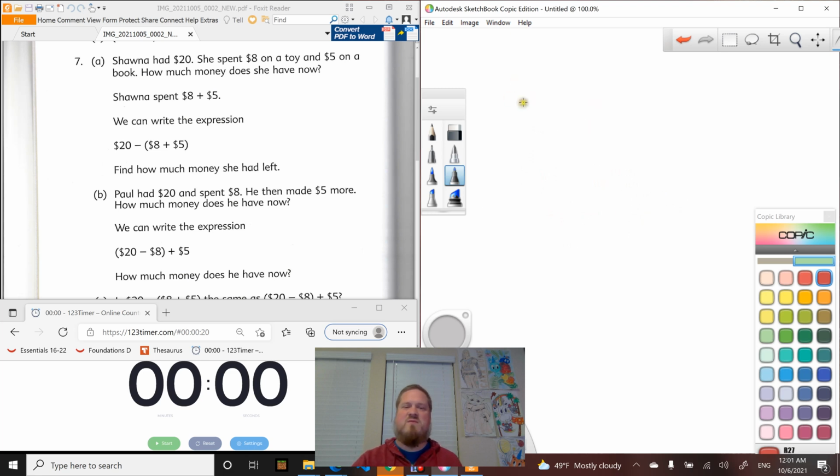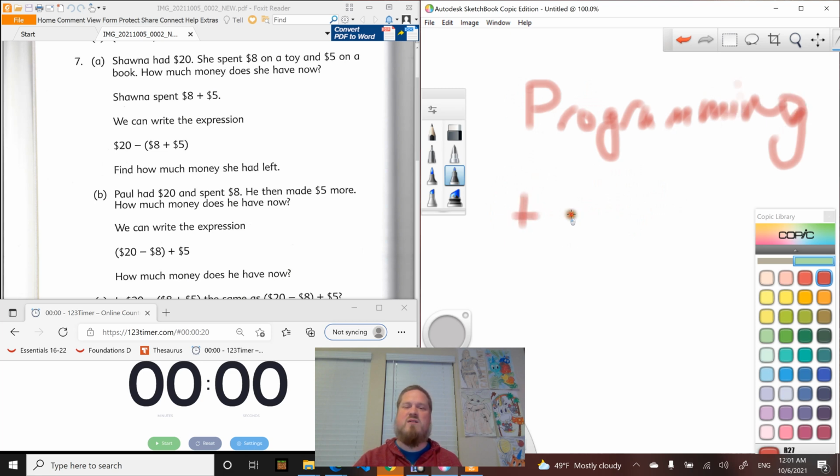That's also really important for computer programming. It's important when you're doing computer programming to know the order of operations for when you add, subtract, multiply, and divide, and when you need to use parentheses, so that your computer program can do the right things in the right order.